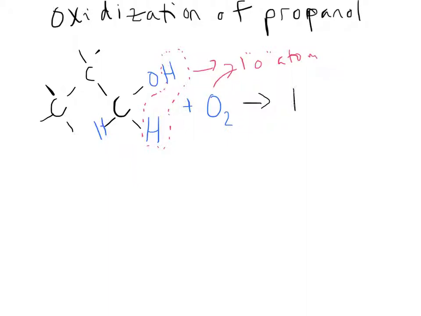And what they end up doing is they form water. And so what ends up happening is you're left over with your remaining carbons. And then with that one carbon that was left, you get a single hydrogen and a double bonded oxygen atom.